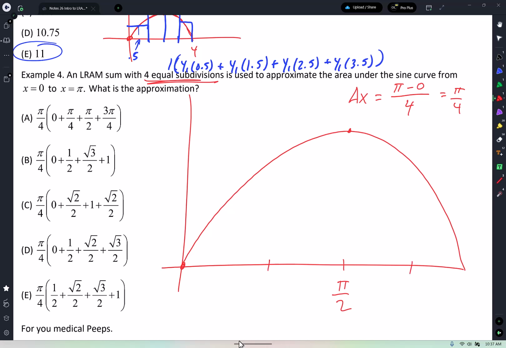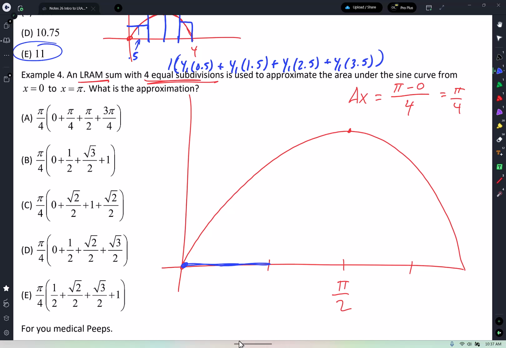All right, let me see if I can draw it. Which one am I using? Leftmost, rightmost, or mid? Leftmost. So here's my first rectangle, from here to here. Do I have a rectangle? No, it's the 0. That has an area of 0.